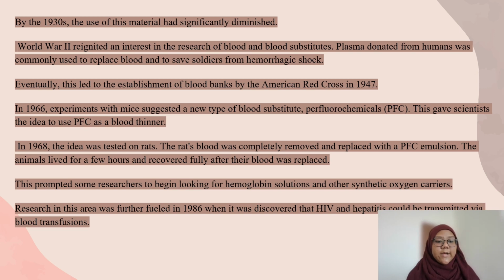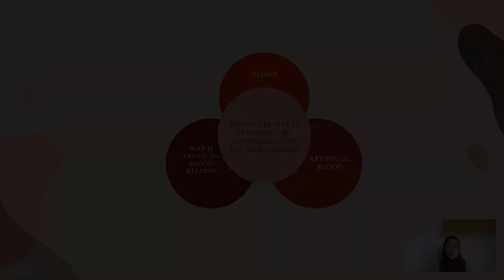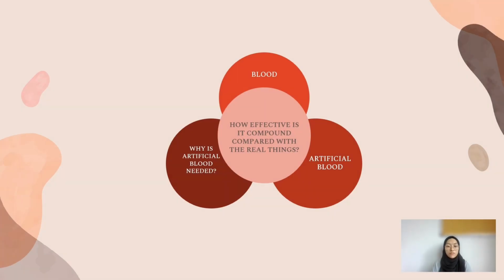This prompted some researchers to begin looking for hemoglobin solutions and other synthetic oxygen carriers. Research in this area was further fueled in 1986 when it was discovered that HIV and hepatitis could be transmitted via blood transfusion. Okay, now I'm going to talk about how effective artificial blood is compared with the real thing.